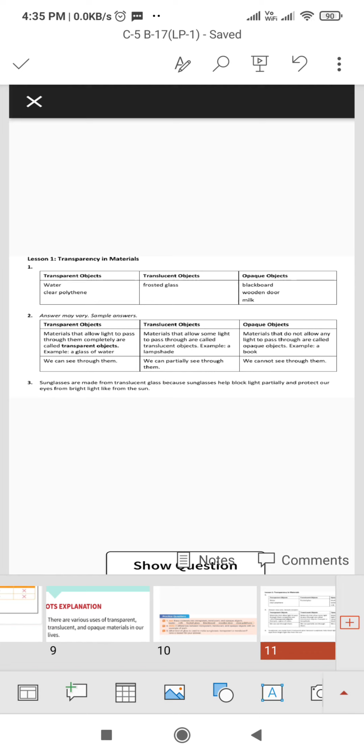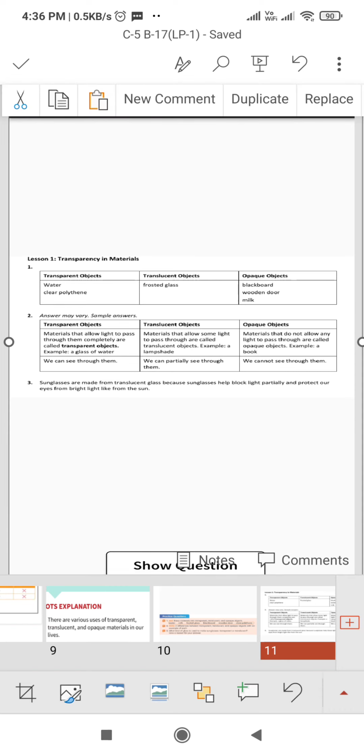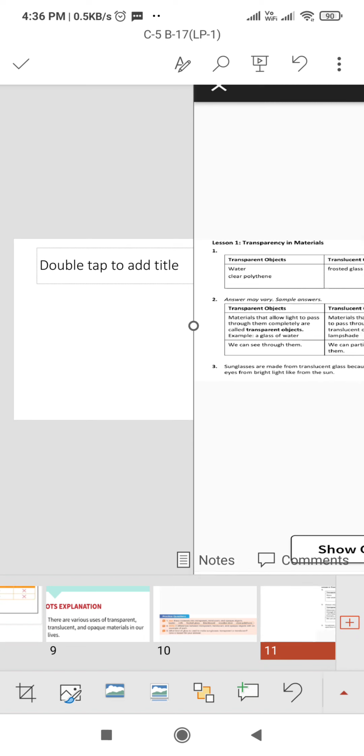These are called translucent ones. For example, oily paper. And opaque objects do not allow any light to pass through them. For example, wall, blackboard, door. You can consider them opaque objects.